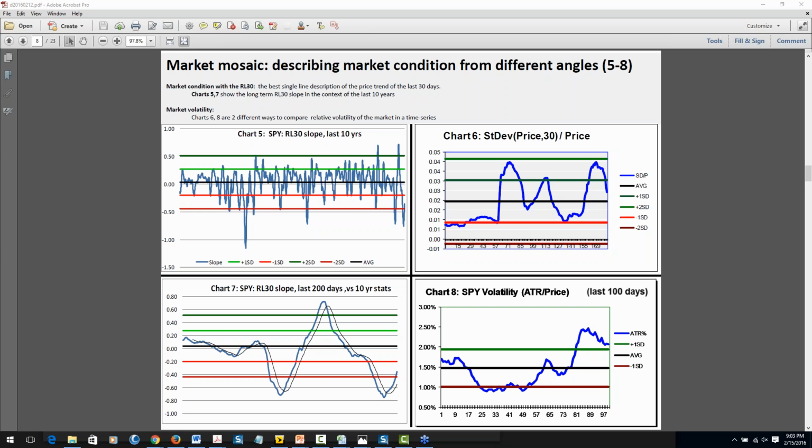You also get what we call the alpha statistic, where you take the slope statistic of a symbol and subtract from it the S&P's slope statistic, so you get the residual relative strength of the instrument itself. It takes out the market's contribution to its slope, and what you're left with is how much alpha that thing is generating compared to the market. Then you can compare instruments on the basis of alpha, a very, very powerful tool.